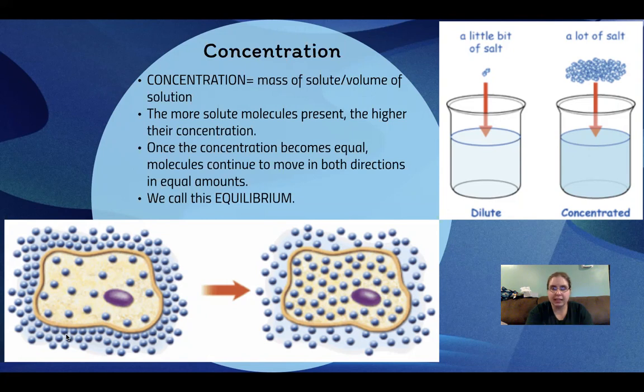There's more of it on the outside than there is on the inside. So what happens is the solute molecules will actually move from an area of higher concentration to an area of lower concentration. So it's higher on the outside of the cell, lower on the inside. So we're going to see some of the molecules go across the cell membrane and enter the cell.